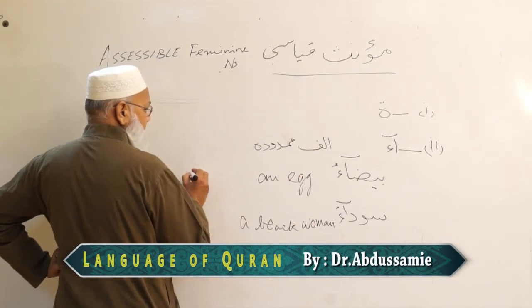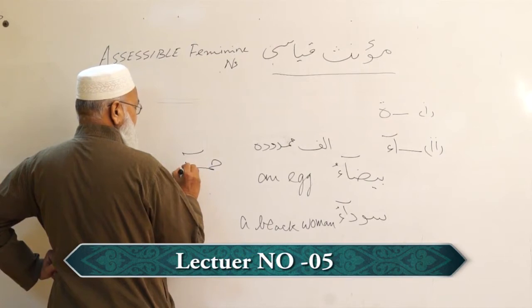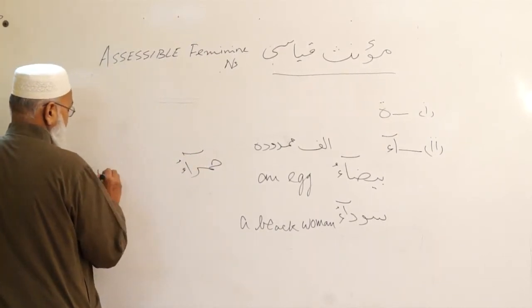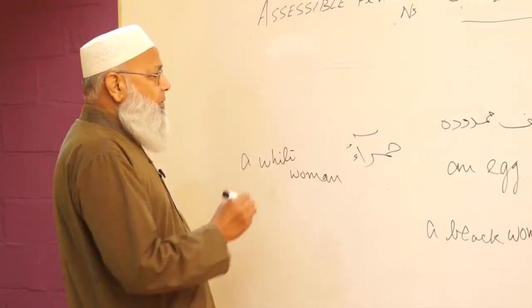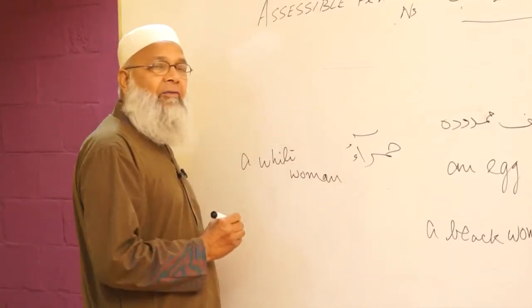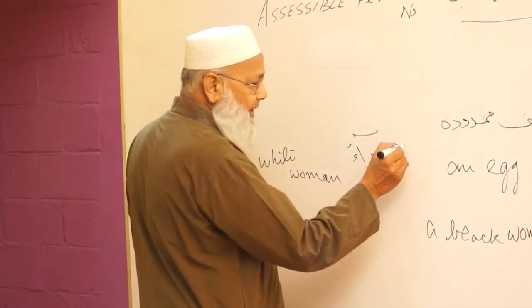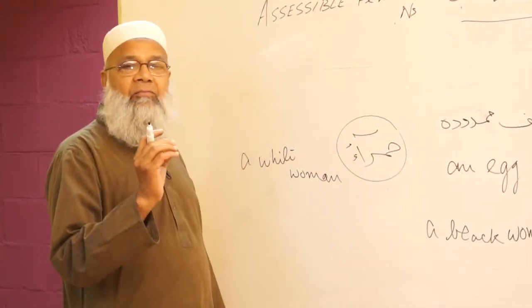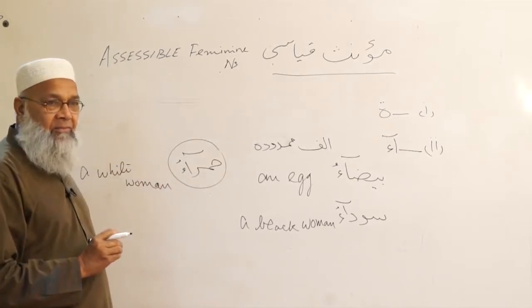And hamraw, a white woman. Hamraw is the word used for a white woman. In fact, ha mim ra, hamra literally means something feminine in red color.